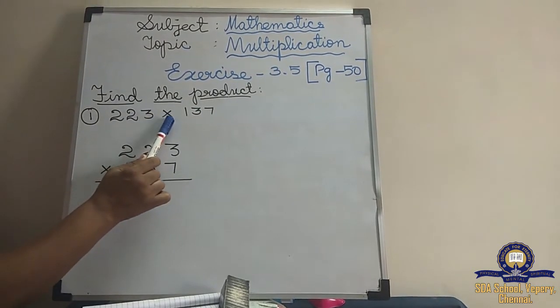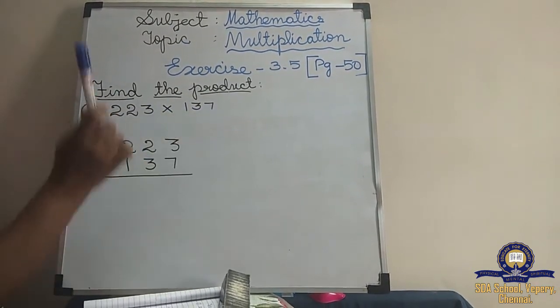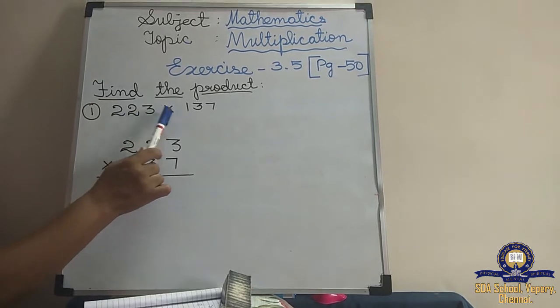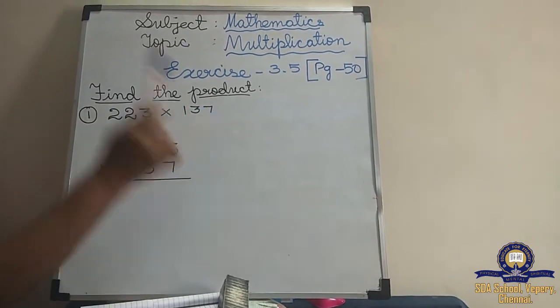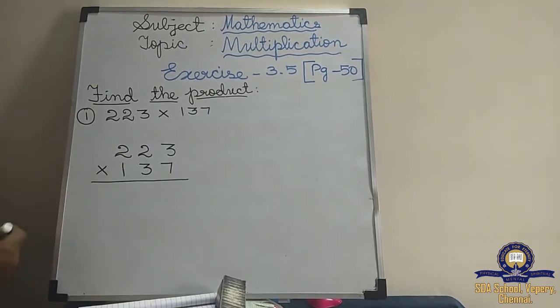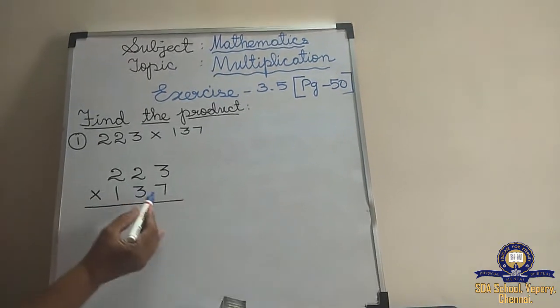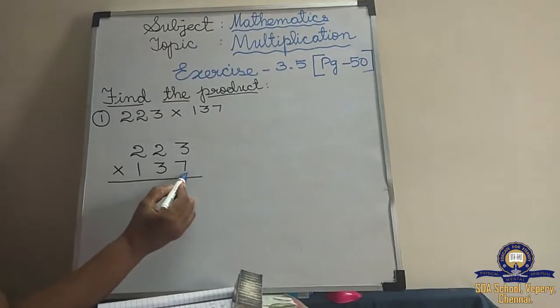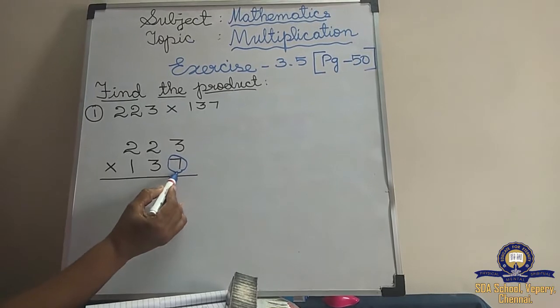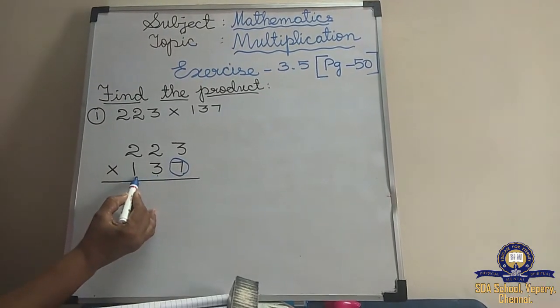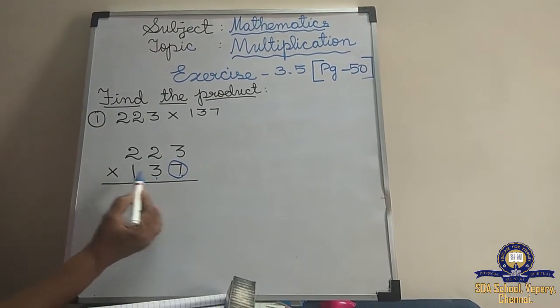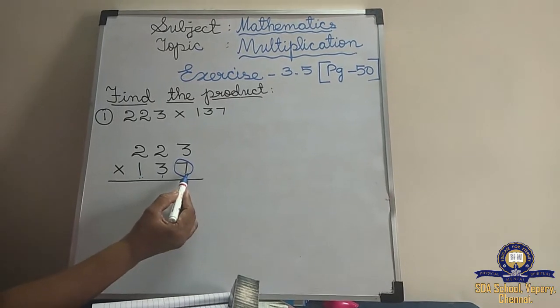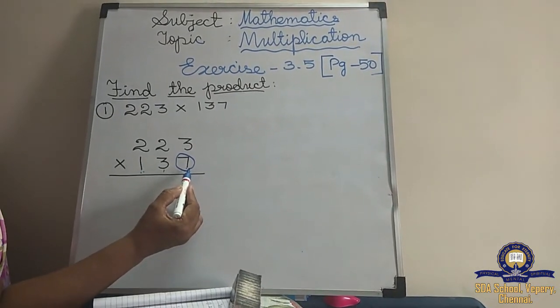223 multiplied by 137. If you write it like this, first we always have to multiply the ones column. This is ones, tens, hundreds. Always multiply first the ones column.